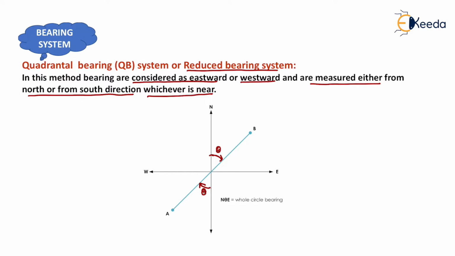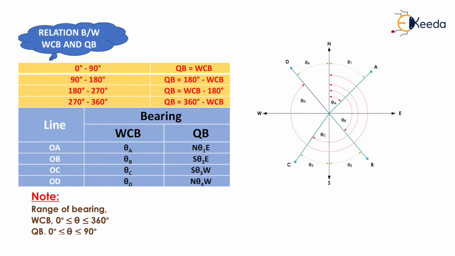Okay, now the relation between the whole circle bearing system and quadrantal bearing system. Here I have made a diagram like this having the basic coordinate system as north, east, south and west. Now I have here four lines, that is OA, OB, OC and OD.